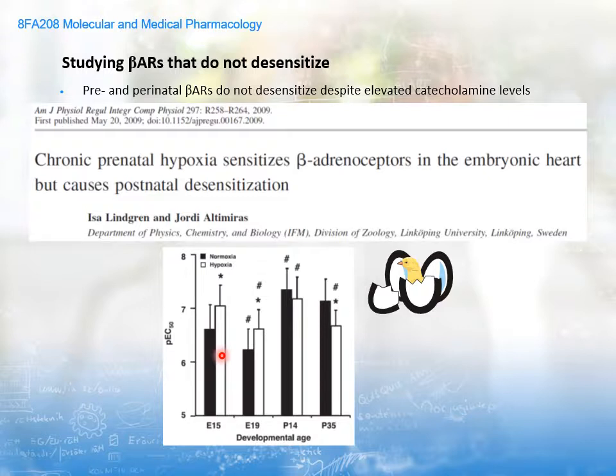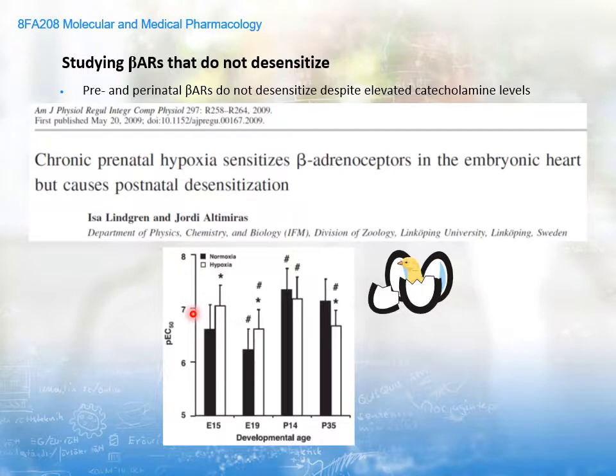What happens in this scenario? Notice that these hearts, the chronically hypoxic hearts, are hearts that are stressed during the entire incubation period. During hypoxia they release higher levels of catecholamines, so they would be chronically exposed to catecholamines. Instead, we do not see desensitization. Why don't we see desensitization?